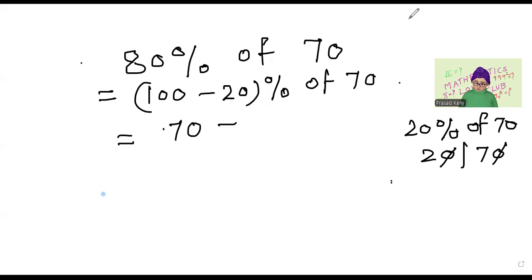So 2 sevens are 14. So 70 minus 14, that is 10 minus 4 is 6 and 6 minus 1 is 5. Hence 80% of 70 is 56.